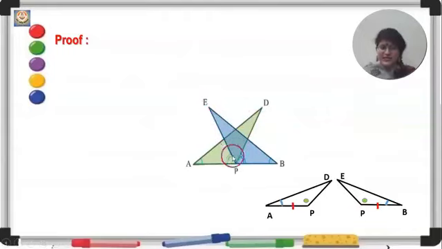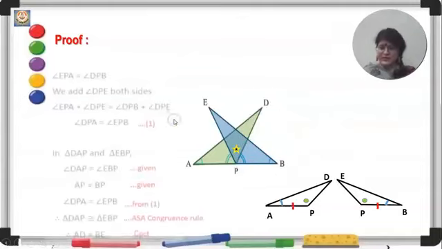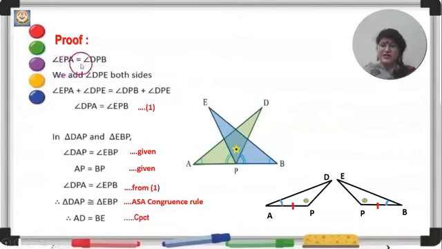You will notice that this angle EPD with this yellow star that I have put, if I add it to angle APE, I will get angle APD. At the same time, this angle EPD, I am going to add it to angle BPD. So what do we get? Mention this. Angle EPA is congruent to angle DPB, which is shown by this indication.